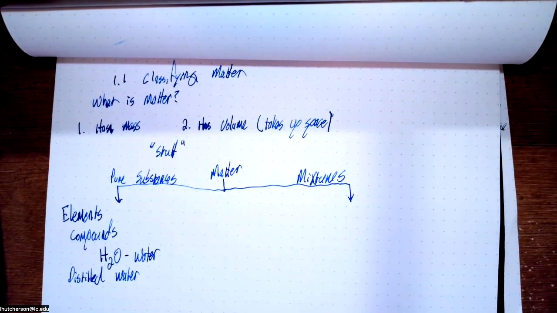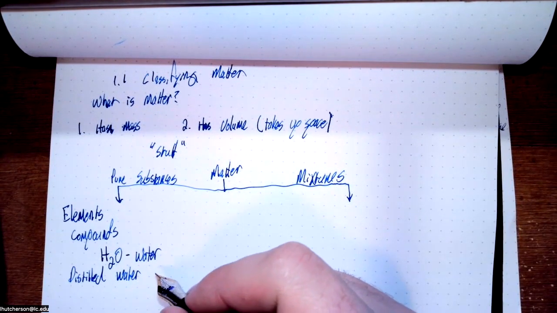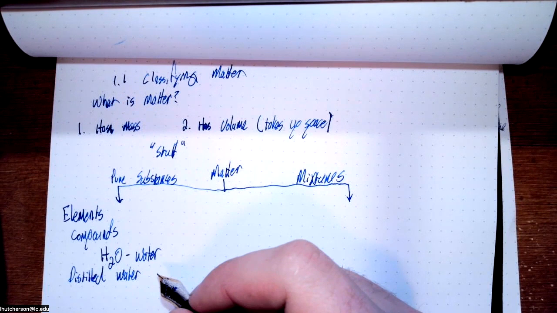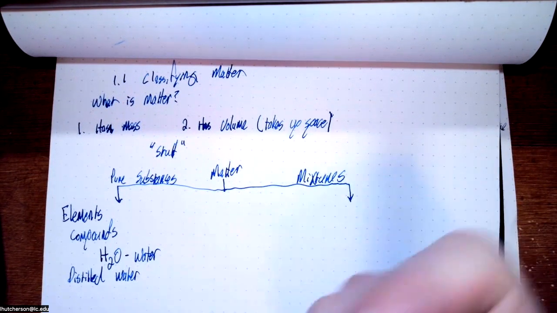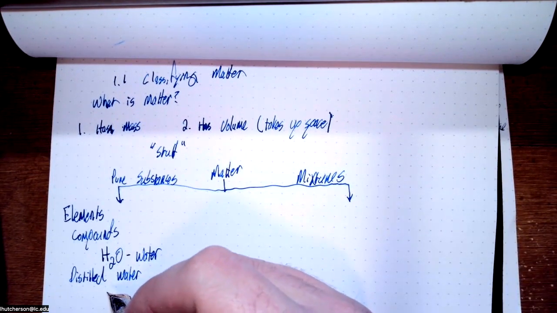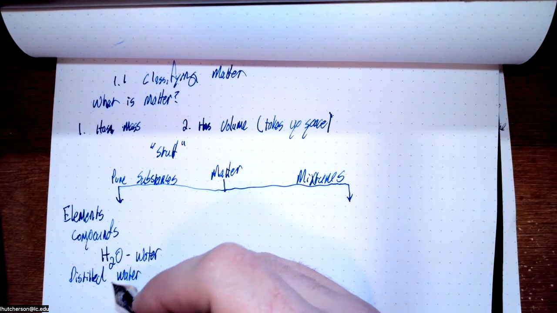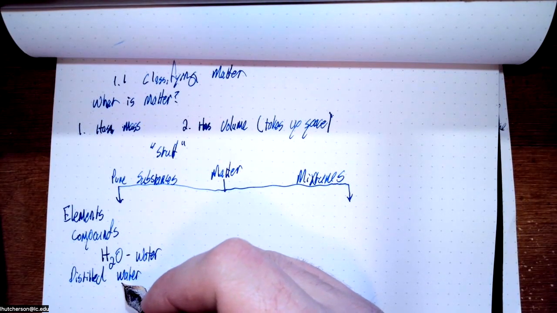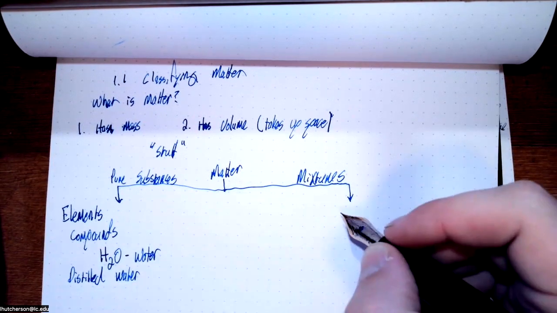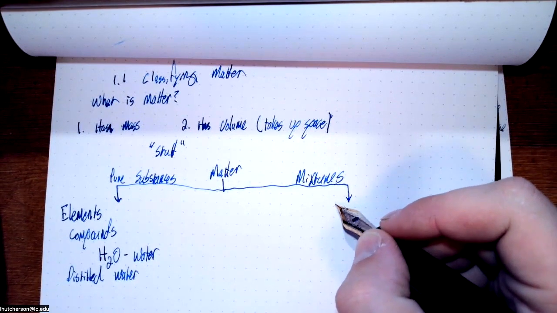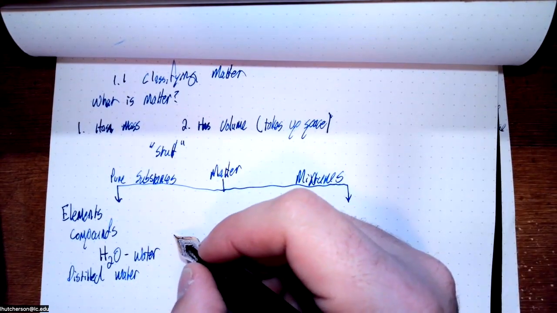They get there by different ways, but the end result's effectively the same. But distilled water, there's nothing in it but H2O, nothing in it but molecules, each of which contains 2 hydrogens and 1 oxygen, chemically bonded together. So that is a compound, right? Those are both pure substances, though, right?